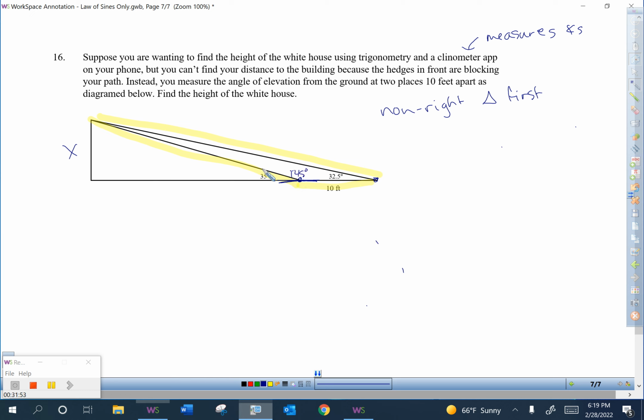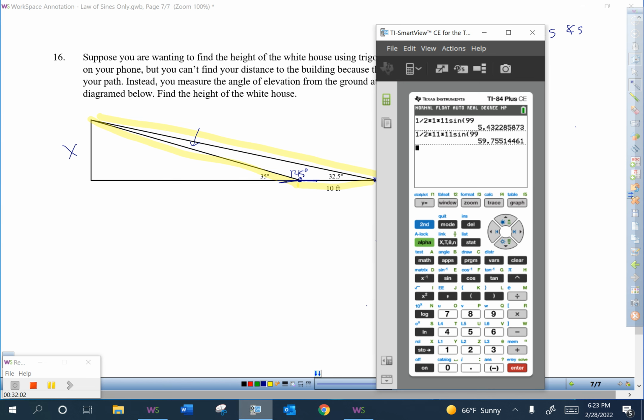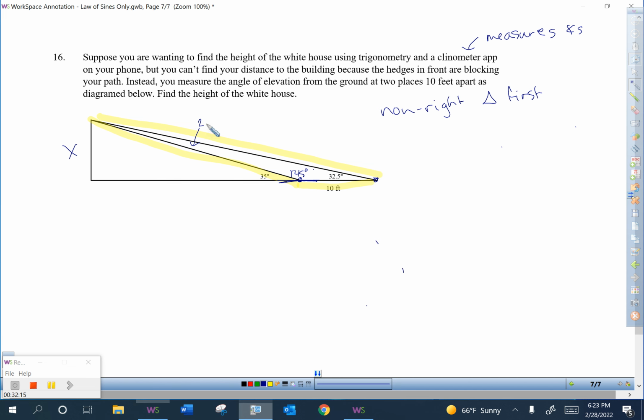And if you know two angles, you can solve for the third. Okay, so taking 145 plus 32.5, I'll just show you so I'm not just saying it. 145 plus 32.5, every single time we've been doing that, and taking 180 minus that value to get the third angle. So this is 2.5 degrees.